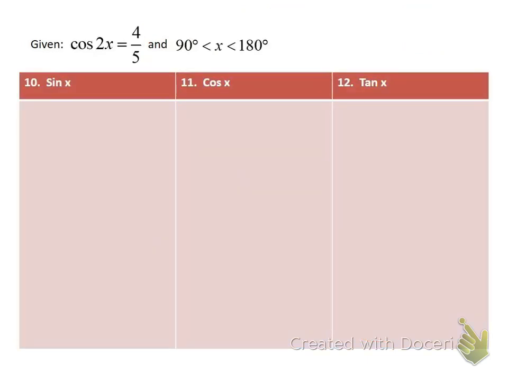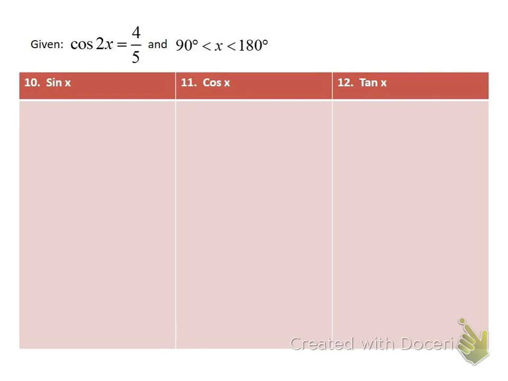Okay? Now, we can actually work our way backwards. If we have the double angle value, we can use the cosine double angle formulas to get us back into our single angle values. All right, so for example, cosine of the double angle value is 4 over 5, which means I can't use x over r to find the single angles.